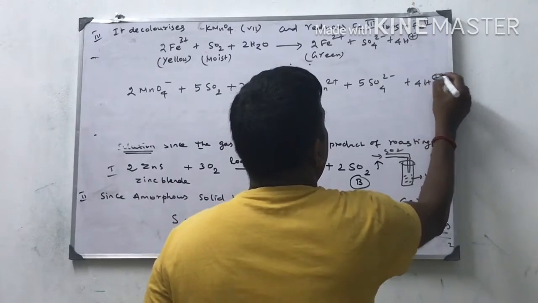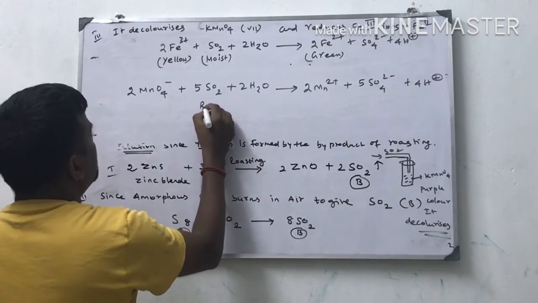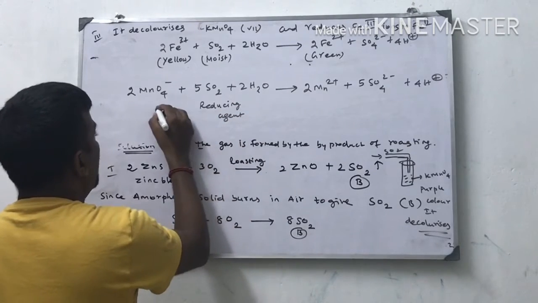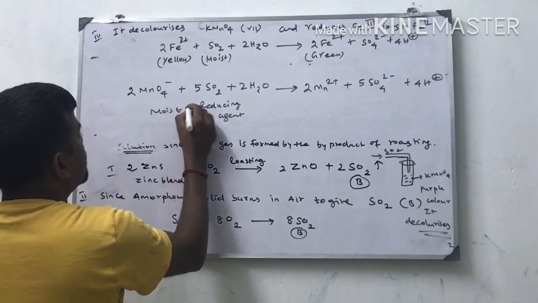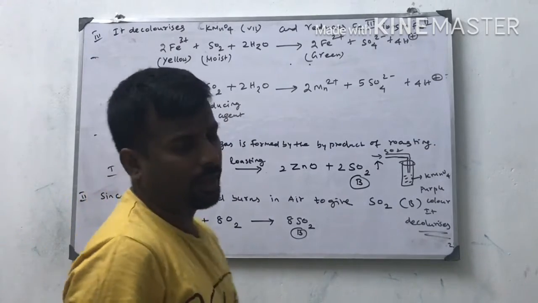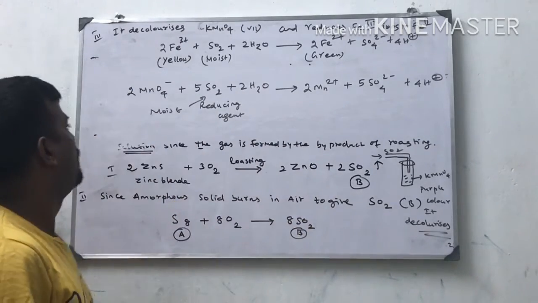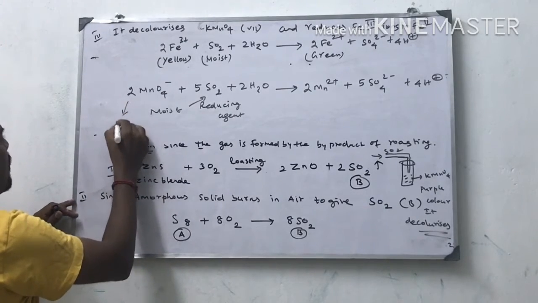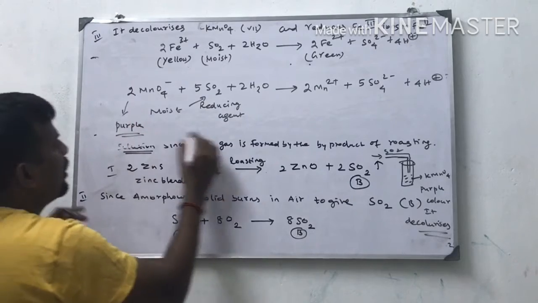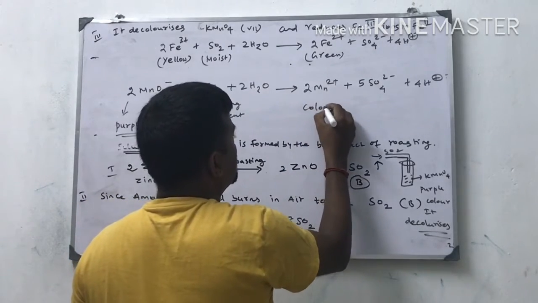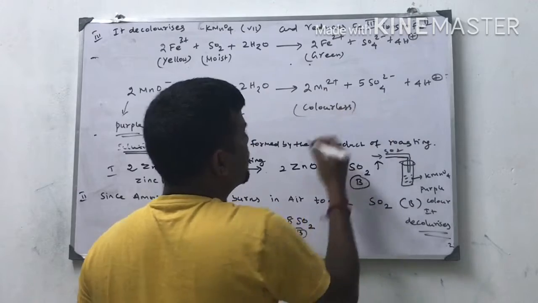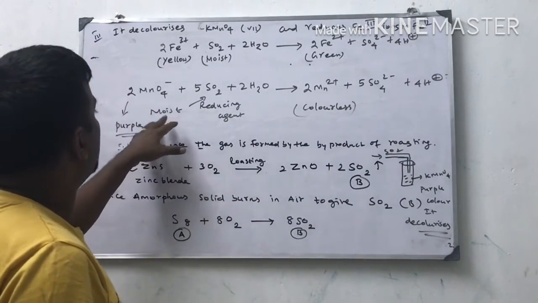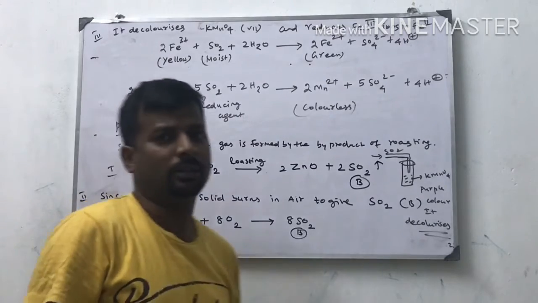Here also sulfur dioxide behaves as a reducing agent. Moist sulfur dioxide behaves as a reducing agent. Here MnO4- is reduced; initially it is purple in color, and after the reaction it is colorless. This is the identification test for sulfur dioxide. What happens is reduction takes place.